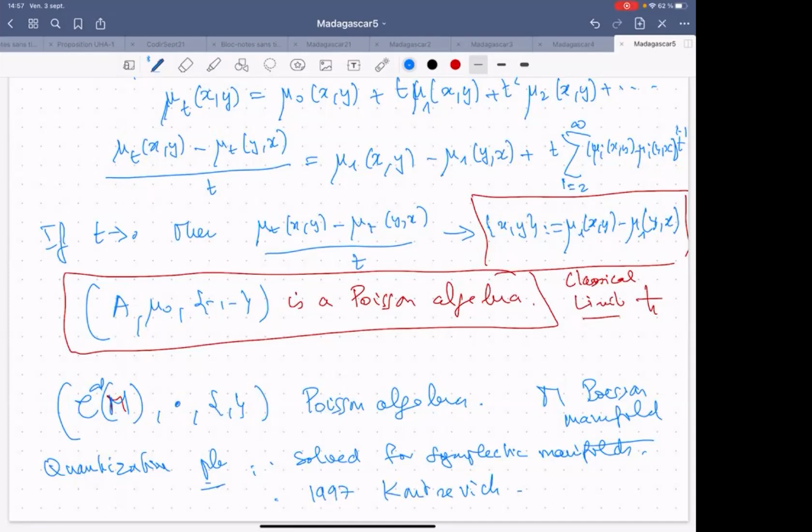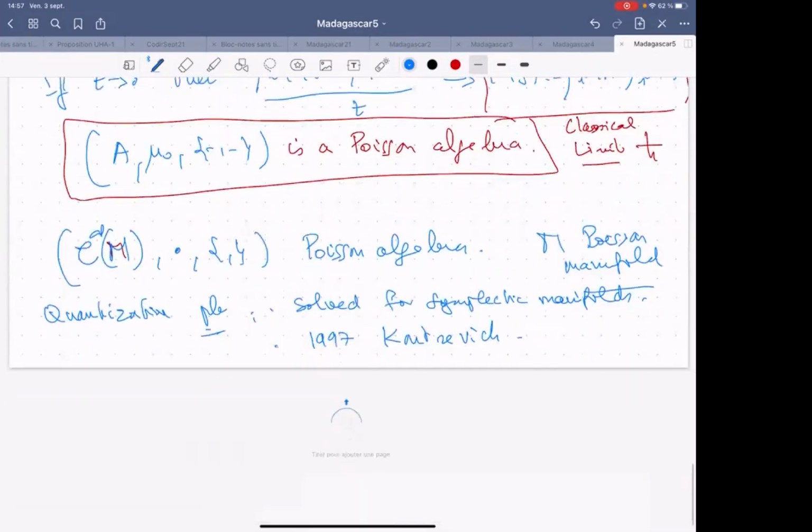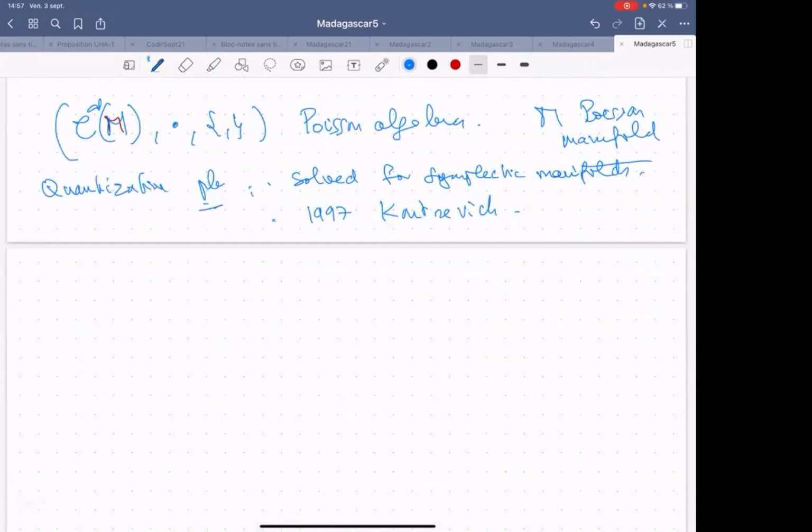Okay. And maybe one more observation, and the time is running. One more observation about associative algebra, also about unitarity. In fact, deformation of a unital algebra is unital.